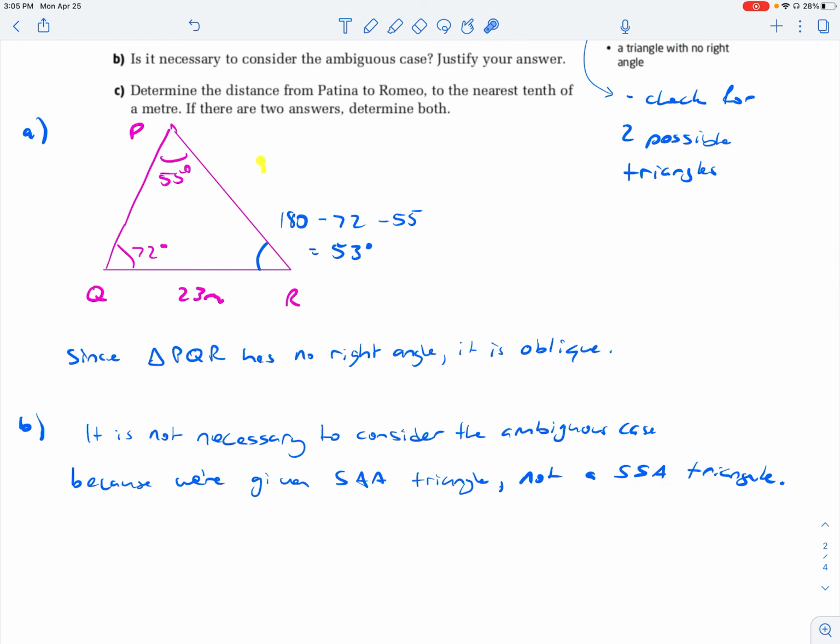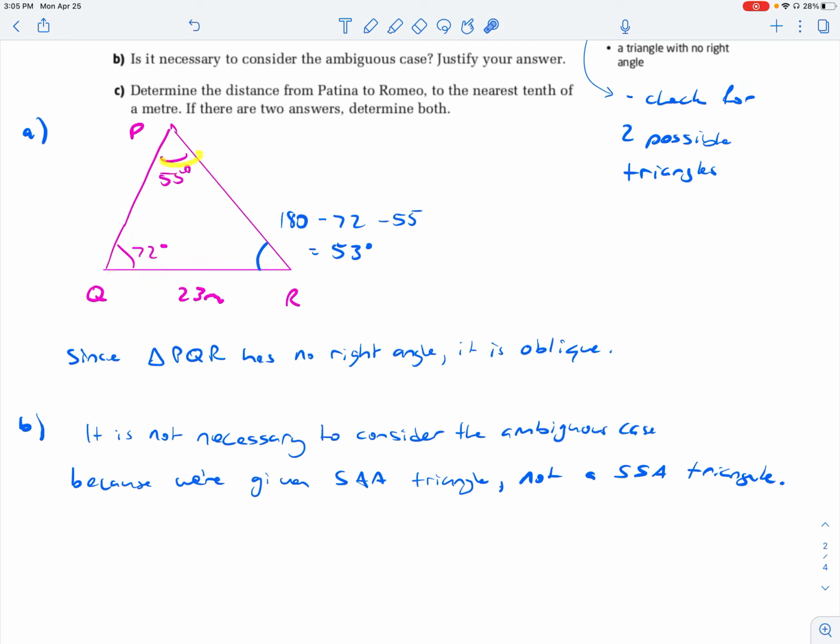Also, let's look at this triangle. Is it possible this could be drawn more than one way? I know we just answered that. We said no because we were checking the criteria. But also, if we just look at it, if these angles are fixed, that means these side lengths can't swing and be in a different direction. And this distance is also fixed as well.